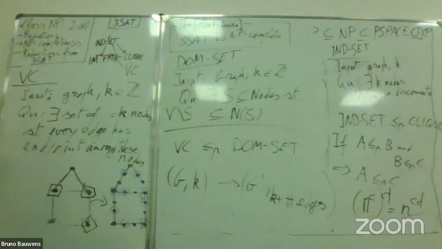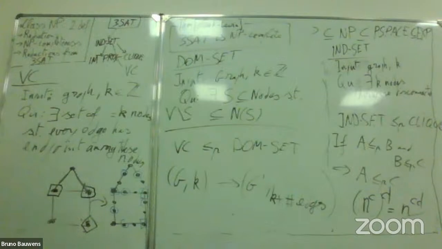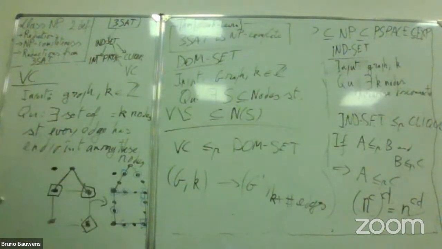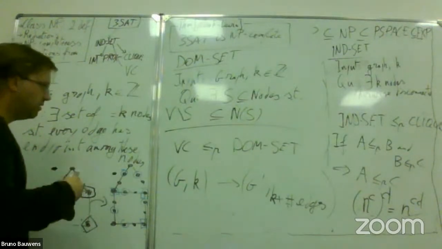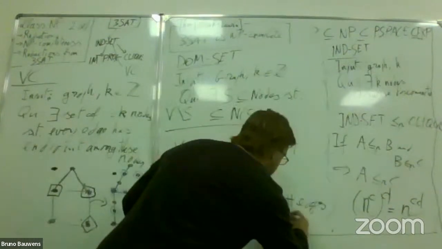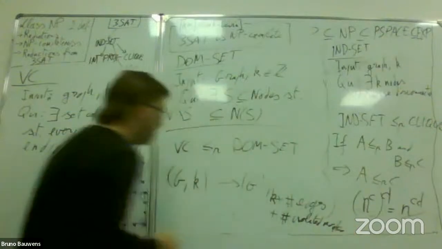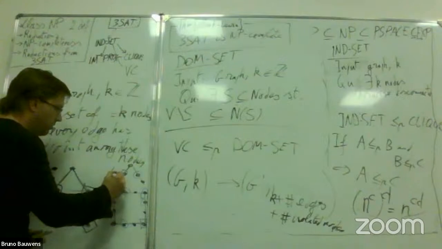But also every unselected node here is also dominated. It works if there are no isolated nodes, but for isolated nodes, it's clear we need to select them. So I forgot to say in the reduction, there is a borderline case. If there is an isolated node, then it's in both cases. So you need plus the number of isolated nodes, because in the dominating set, we need to select it.